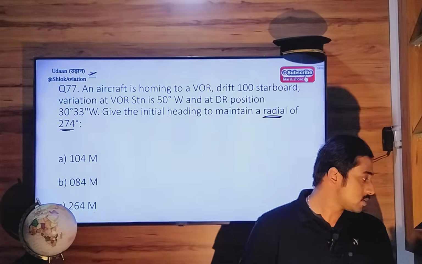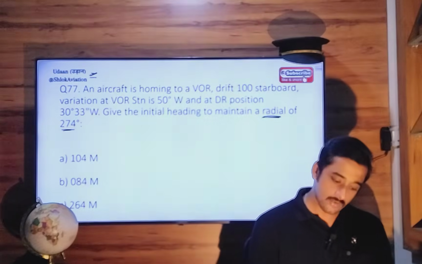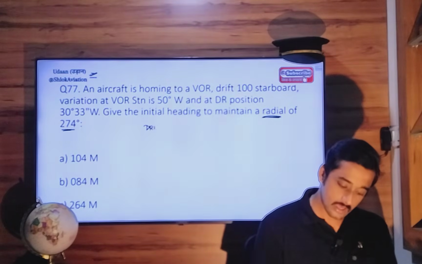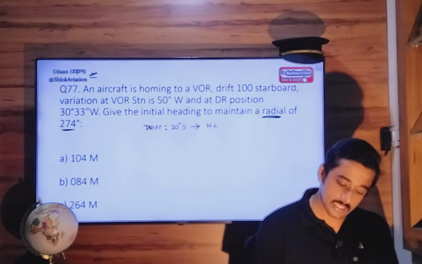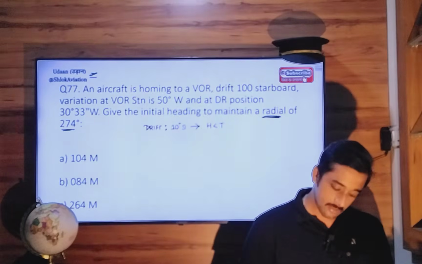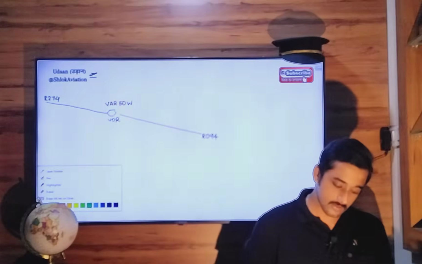So this is the radial 274. Okay. And drift is 10 degrees starboard. With 10 degrees starboard drift, heading is less than track. Now what is the inbound track? We are flying inbound towards this VOR station.